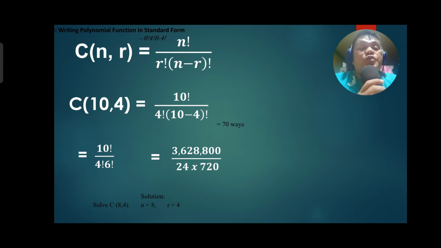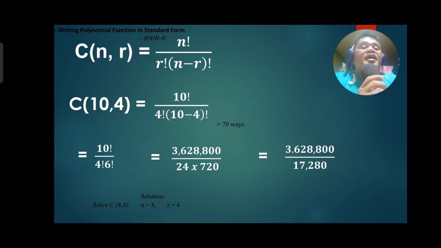Then we have 10 factorial, which is 3,628,800, divided by 24. The factorial of 4 is 24 and 6 factorial is equal to 720. So process: 3,628,800 divided by 24 times 720.